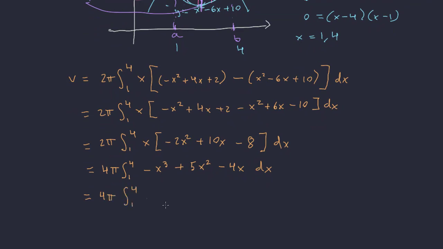Now we can just integrate. Right, this will be negative a fourth x to the fourth plus 5/3 x to the third, minus 2x squared, and we're going to evaluate this from 1 to 4.